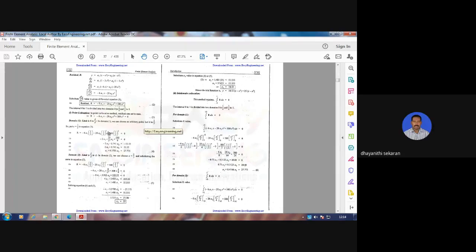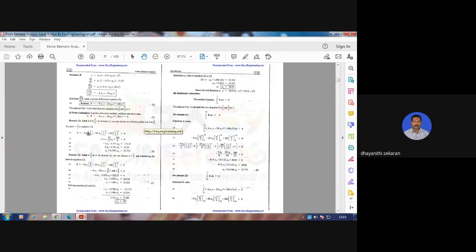So for 0 to 0.5 we are getting 1 by 3, 0.33. Substitute the values, we'll get the equations.